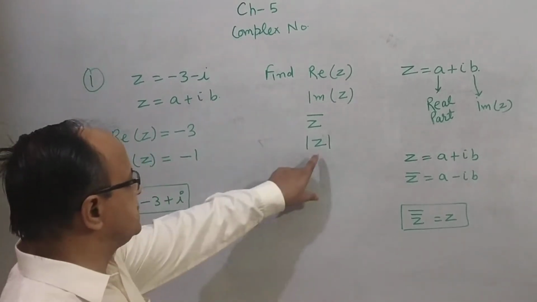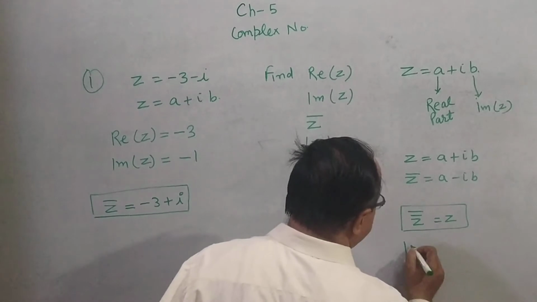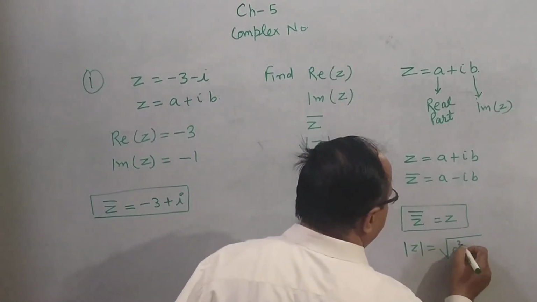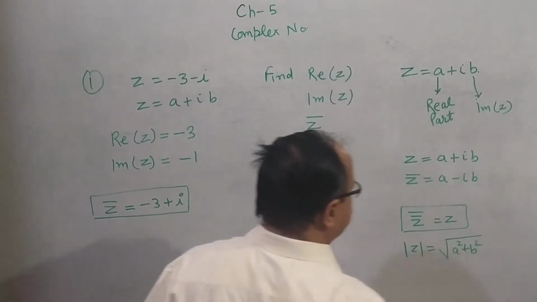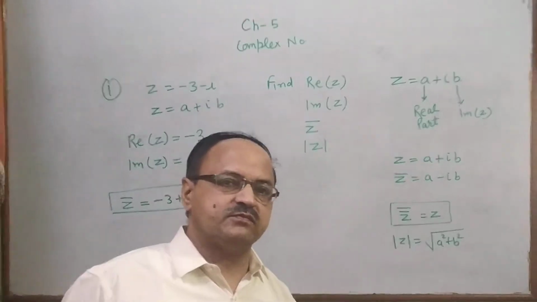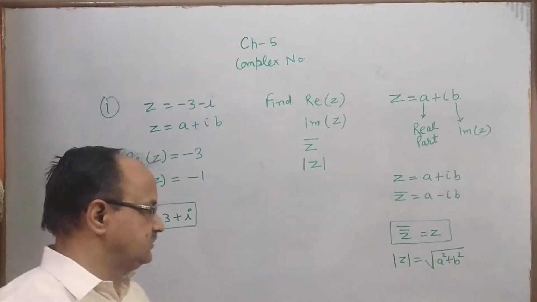And the fourth one is to find the modulus of Z. The formula for modulus of Z is square root of A square plus B square. Modulus of Z means the length of the point from the origin.